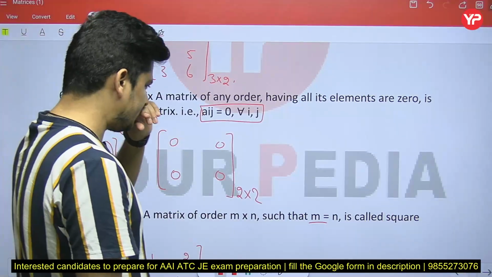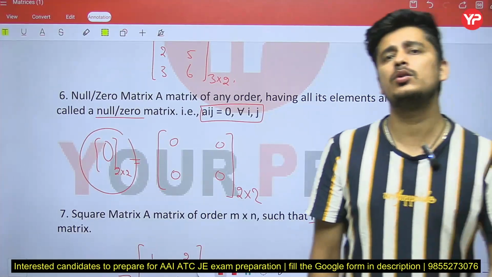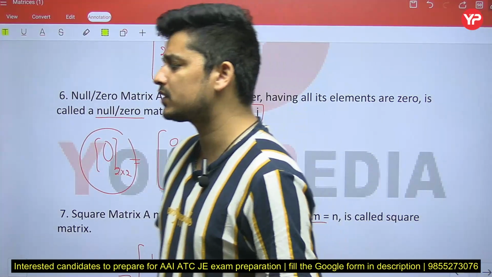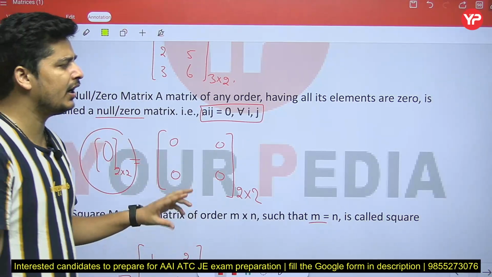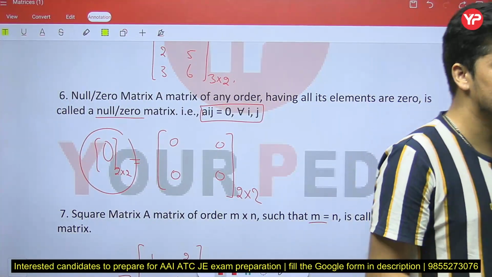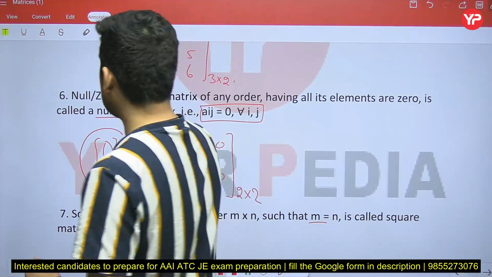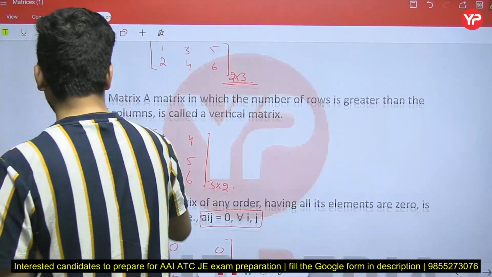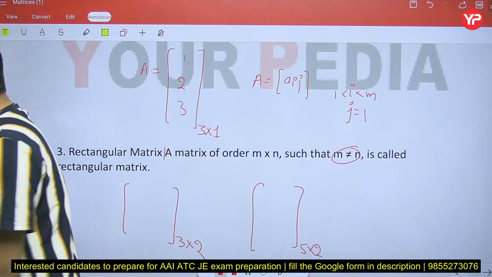There are more types of matrices, like symmetric and skew-Hermitian matrices, and he may ask about those terms. So go through that, it is a most important topic.